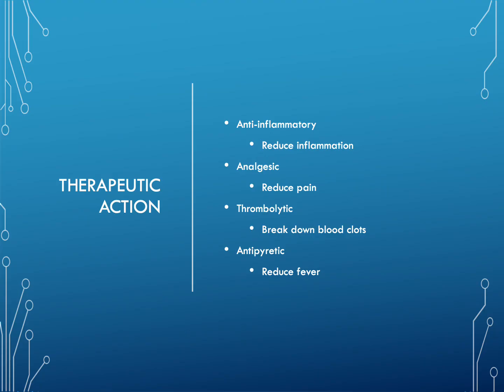So let's start by talking about therapeutic action drugs in more detail. Therapeutic action drugs do something for the patient. I already mentioned that analgesics relieve pain. So what do analgesics do for the patient? They relieve the patient's pain. What about an anti-inflammatory?